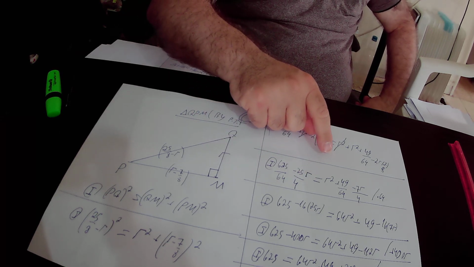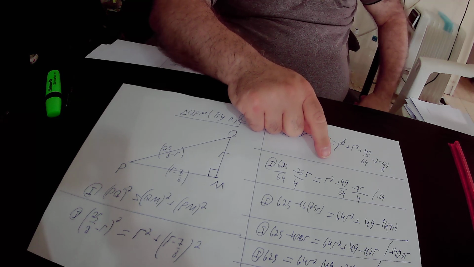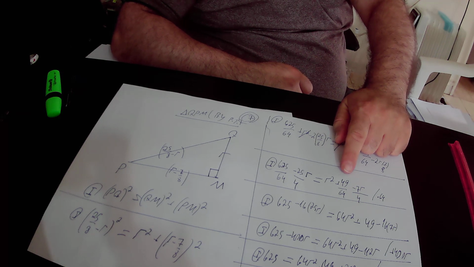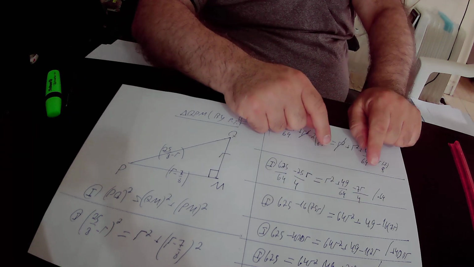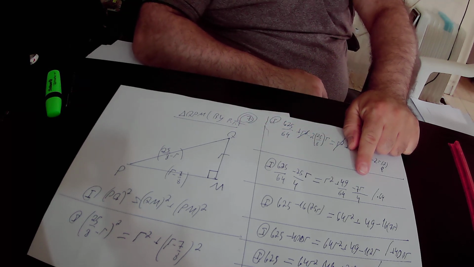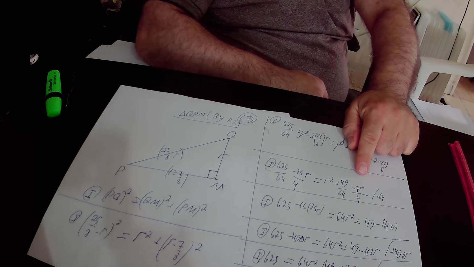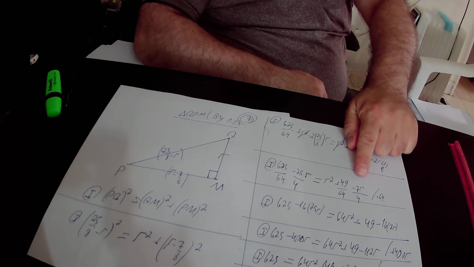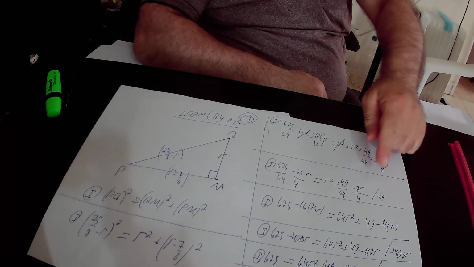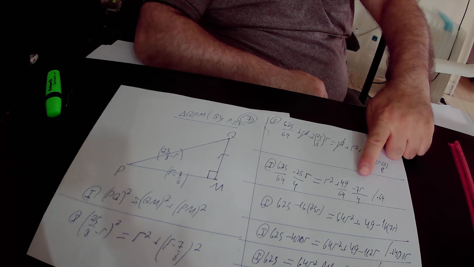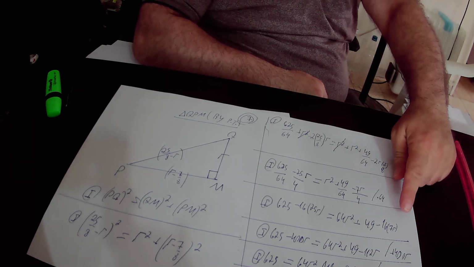And it is equal to R, 64 times R square is 64R square. 64 over 64 is 1, so we are left only with 49 here. And minus 7R over 4 times 64 is minus 64 over 4, which is minus 16. So in conclusion, after we multiply it by 64, this expression minus 7R over 4 equals minus 16 times 7R.